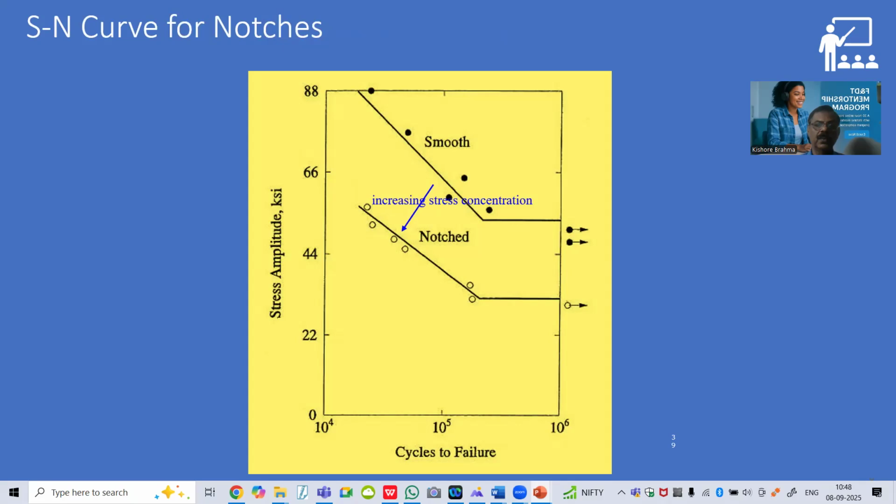So usually the SN curve obtained for an unnotched or smooth specimen will show a decrease in life for notched specimens of different stress concentrations. The higher the stress concentration factor, the lesser the life.